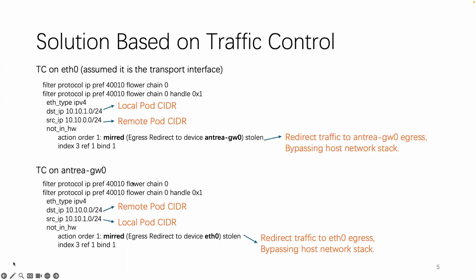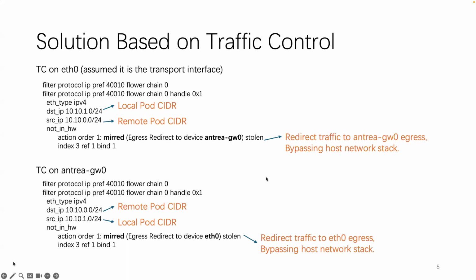And similarly, we also need to add a rule on Antrea GW0 to match the packet source from local port slider and the destination for remote port slider.